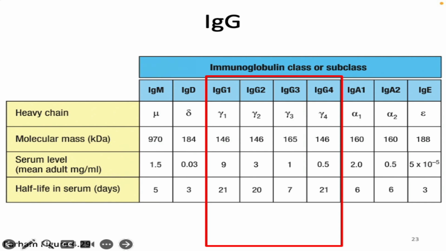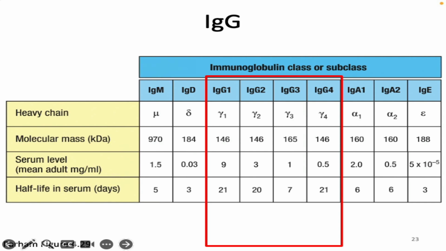But if you try to look at IgG, where do you see things that kind of stand out? Yeah, Brian. So what's up with serum level? It's pretty high in the serum. So you got a lot of IgG in the serum.